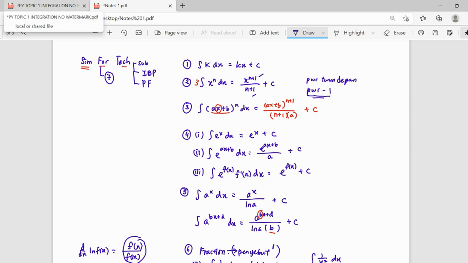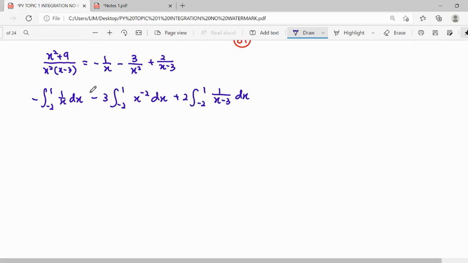So it depends on the situation. That's why you can see this fraction, I remain it in fraction. This also I remain it in fraction, but for this I will simplify it into x power of -2. So we cannot remain it in fraction form. In fraction form we don't have that formula for x power of 2. Okay, so after we simplify, then we start to integrate.